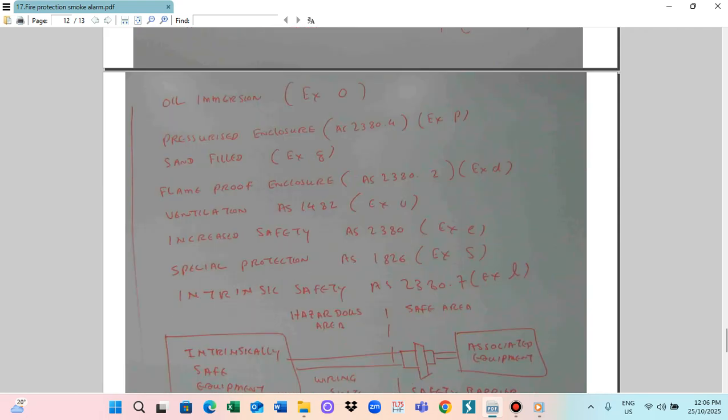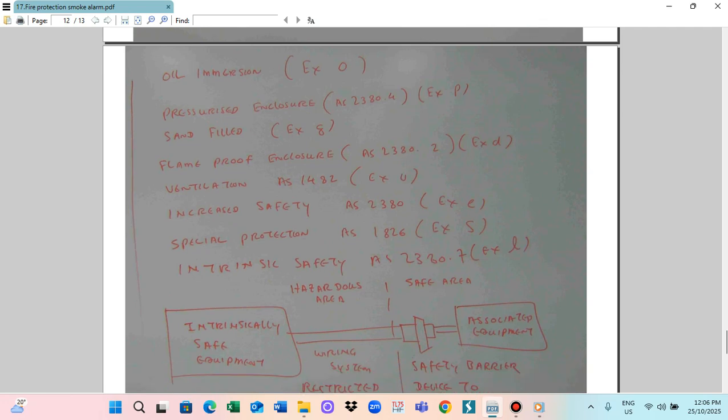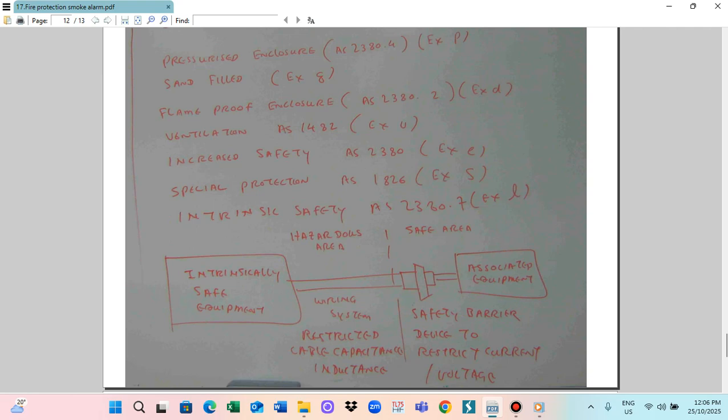Those are the appropriate standards. We also use oil immersion, pressure enclosure in accordance with AS 2380.4, flameproof enclosure AS 2380.2, ventilation AS 1482, increased safety AS 2380, special protection AS 1826, and increased safety AS 2380.7.